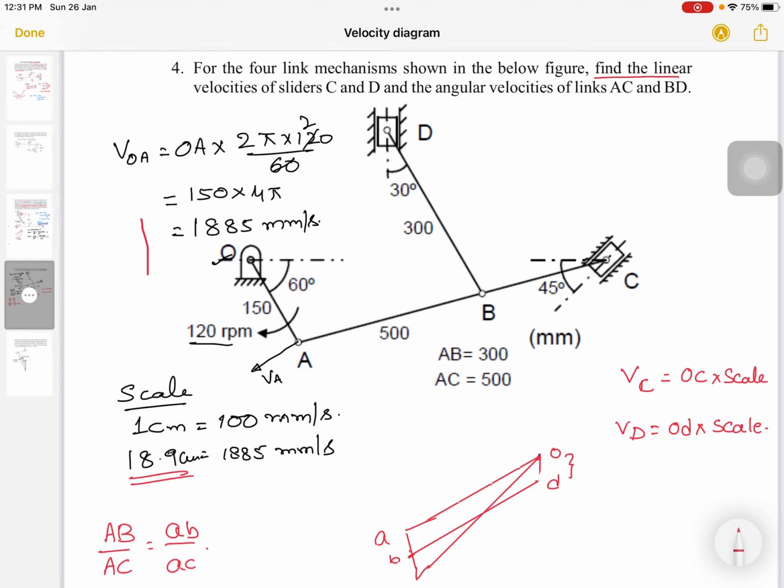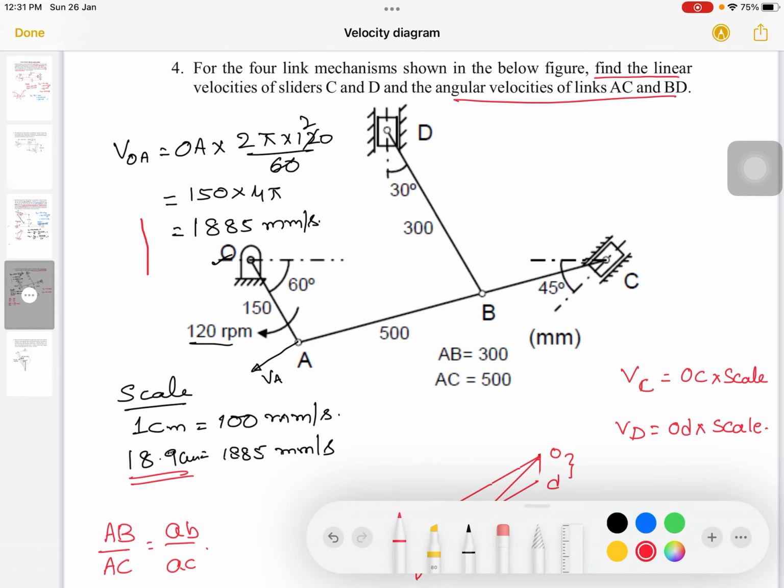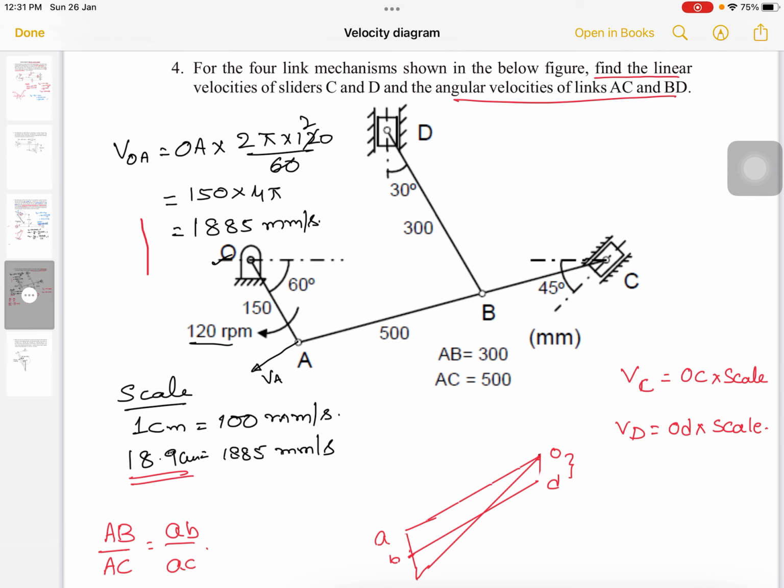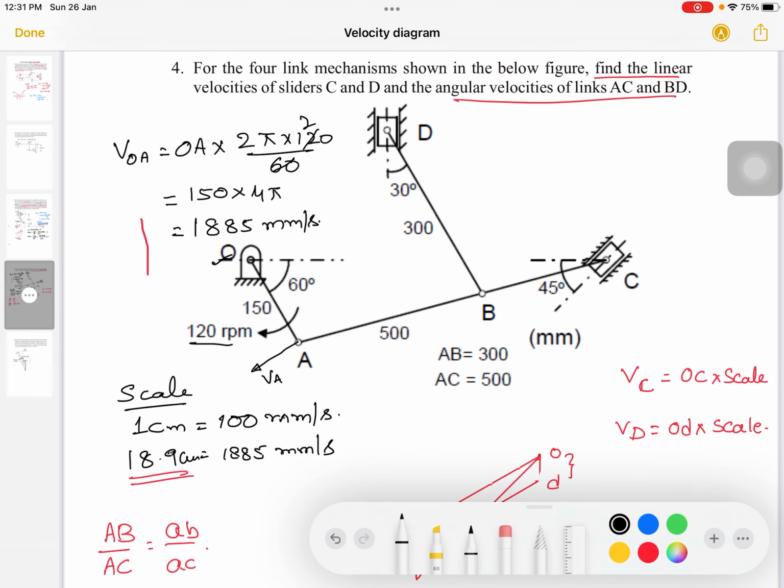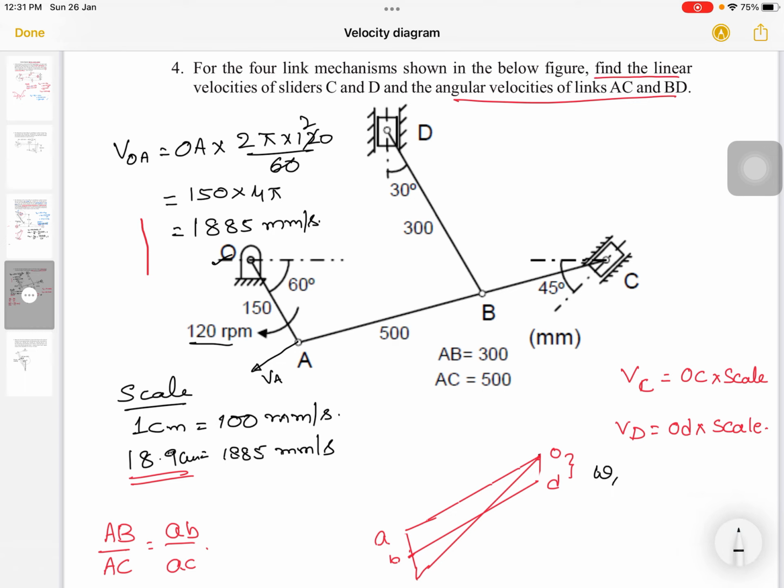Similarly, how do we find the angular velocities of links AC and BD? The angular velocity of AC is equal to the linear velocity of AC upon the length AC.